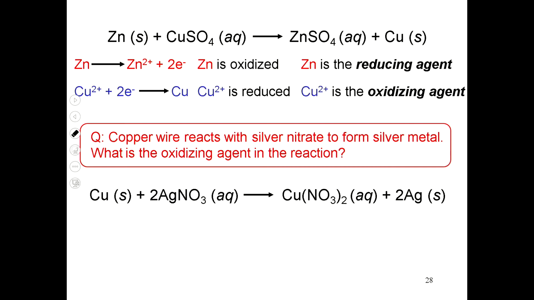So first, zinc solid reacts with copper solution, and they release the copper solid. Okay, and the zinc loses 2 electrons and is the reducing agent, and the copper is reduced, so it's called the oxidizing agent.